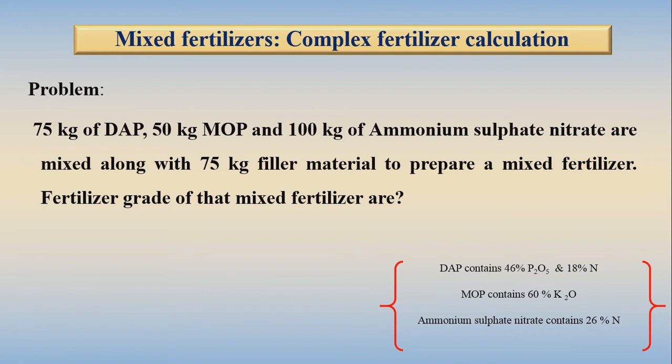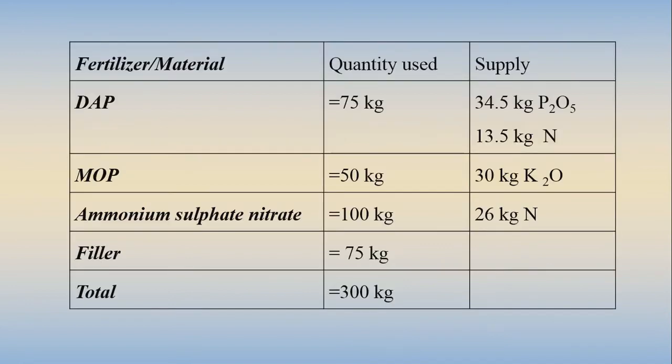As I already mentioned, whenever they give a problem like this, you have to calculate the total quantity of mixed fertilizer. So here they have used 75 kg of DAP, 50 kg of MOP, 100 kg of ammonium sulfate nitrate along with 75 kg filler material. The total quantity used for preparing the mixed fertilizer is 300 kg. Now let's see how much quantity of nutrients are supplied by these fertilizer materials.